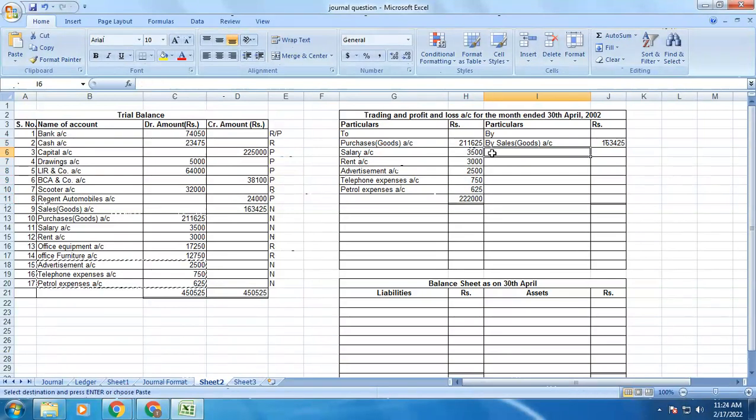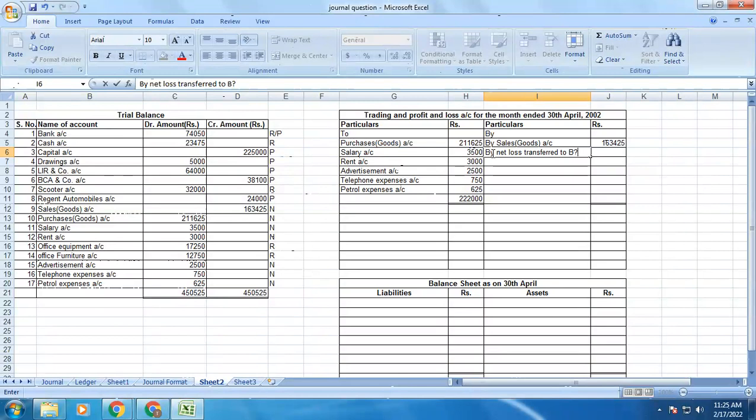So what are we going to say? Like the ledger account, on the lighter side, we will write down by net loss transferred to balance sheet.